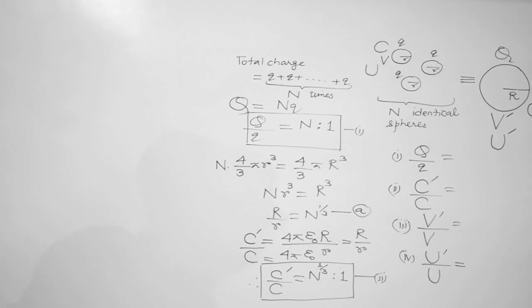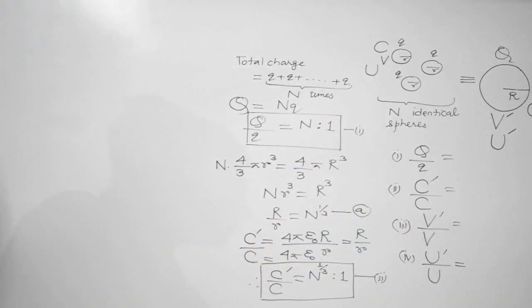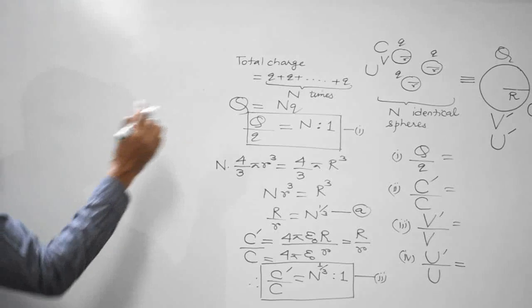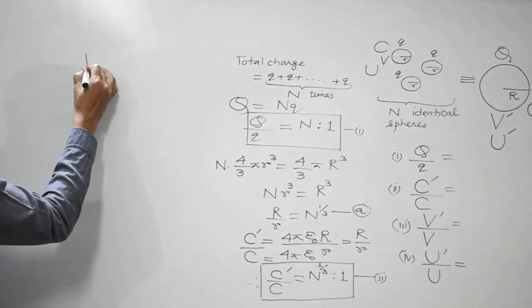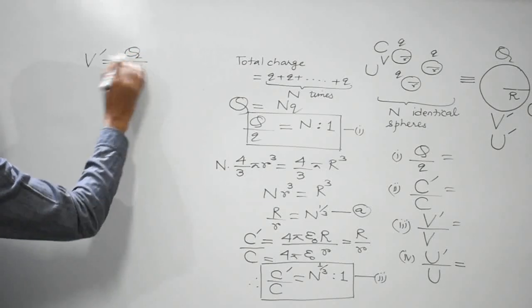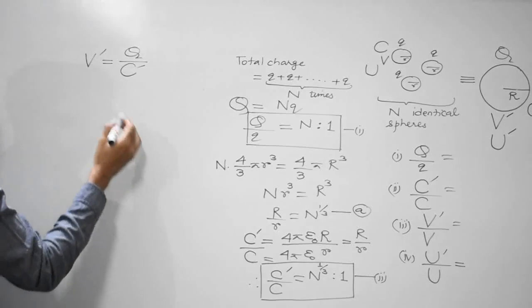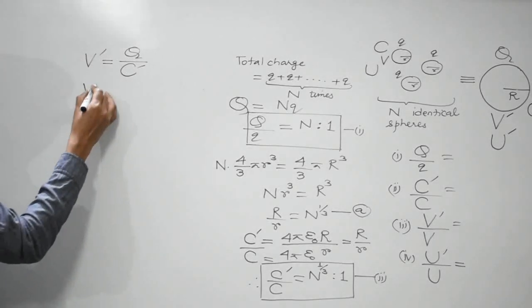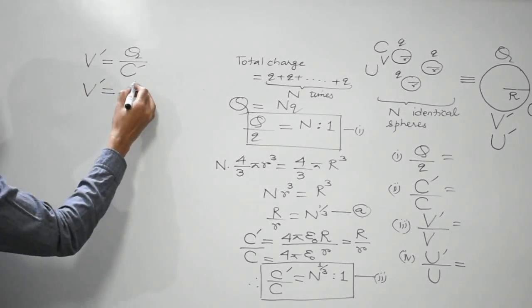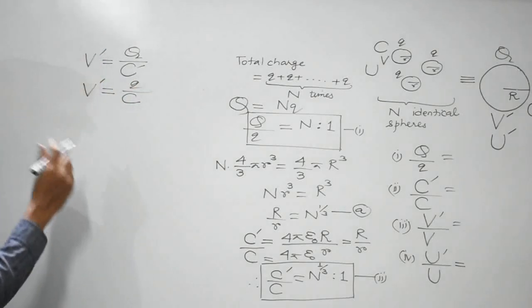Clear, students? So now let's try to attempt the third one, the ratio of the potential difference. Now you know that V dash will be equal to the charge on the bigger drop, Q dash, divided by the capacitance C dash. And V will be equal to Q divided by C. So we need to get the ratio.